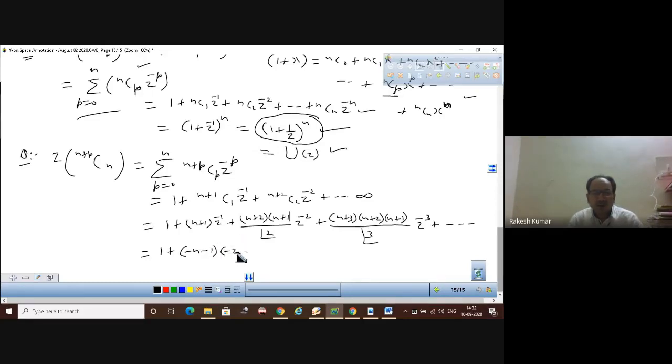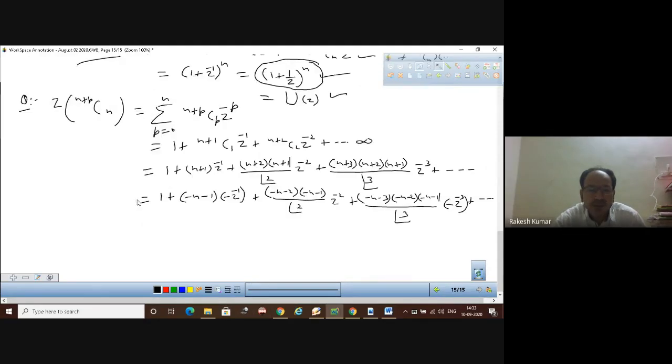I'll write like this. I am adjusting the negative sign here. Similarly, the negative sign is adjustable here also, that is Z raised to power minus 2, and similarly we can adjust in the third term also. So this is a simple adjustment of the signs, that will be minus Z raised to power minus 3 plus so on.